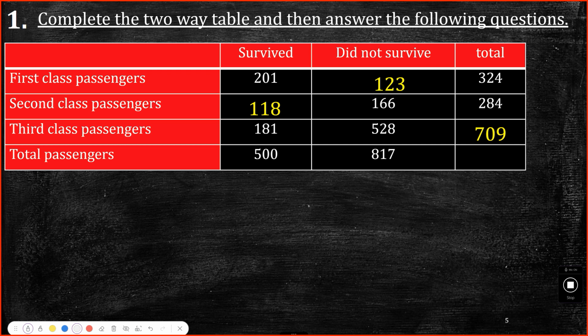Do I not know how to count? That is 600 something. 709. Total passengers then? 1317, is it? Is that one right?